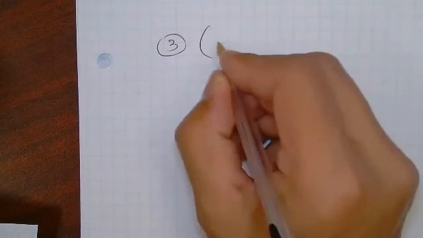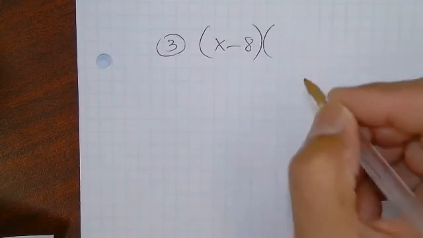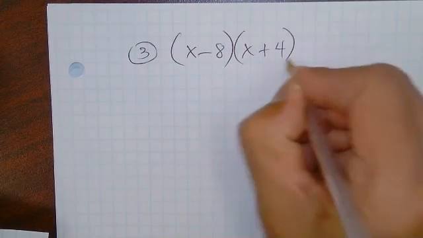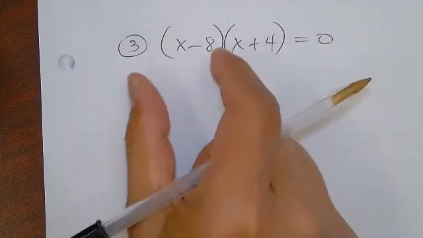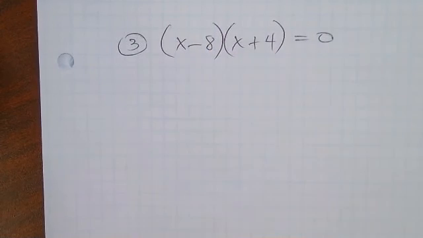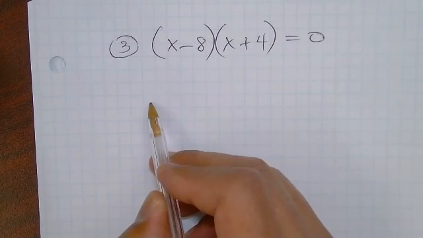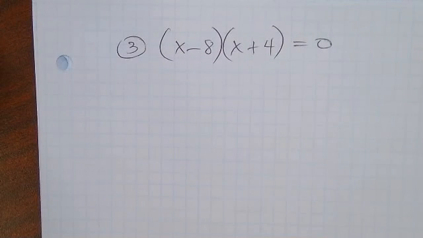Okay, let's do this one. Number 3. (x - 8)(x + 4) = 0. Well, these are two numbers being multiplied.